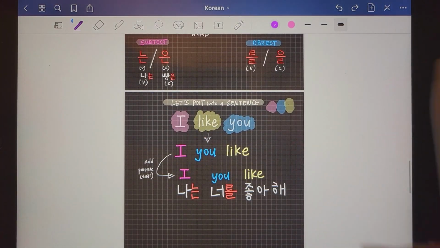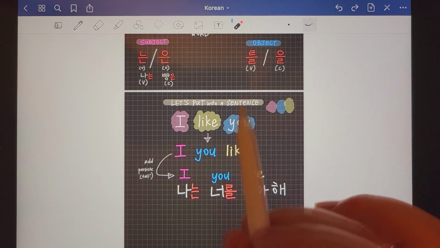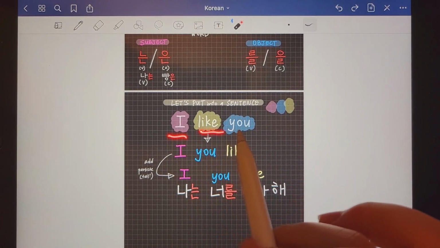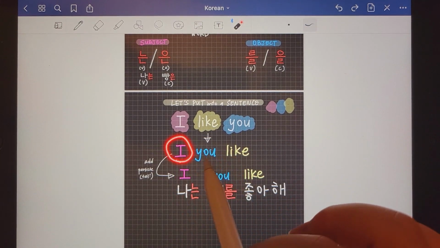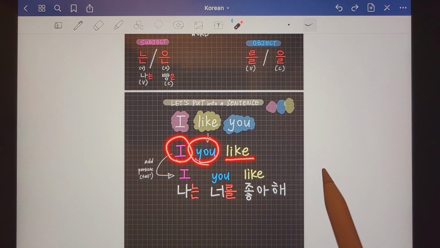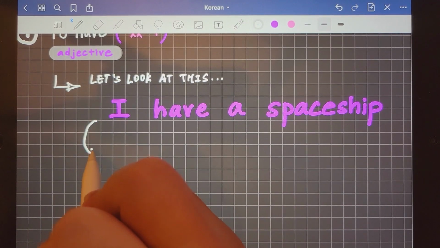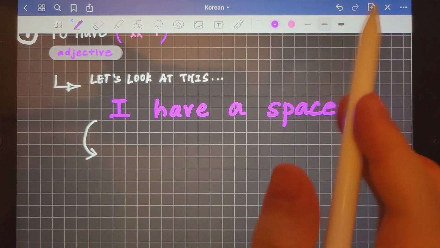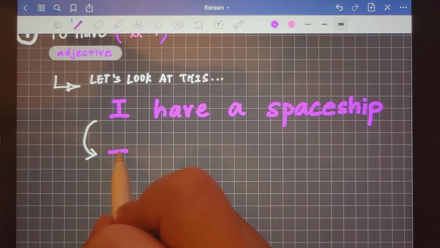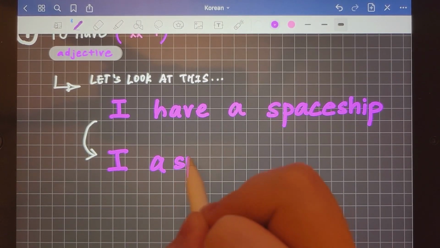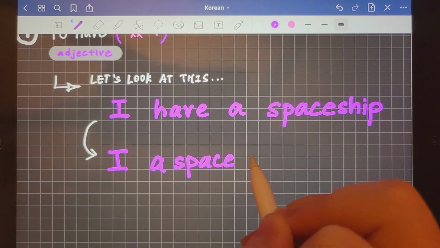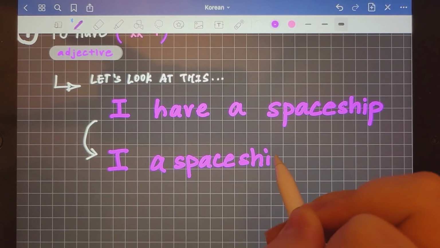But we are going to have to put this into a sentence. So like we did with I like you, we had to change it to I you like to make it into the correct order when forming a Korean sentence. So we have the subject and then the object comes right after it.